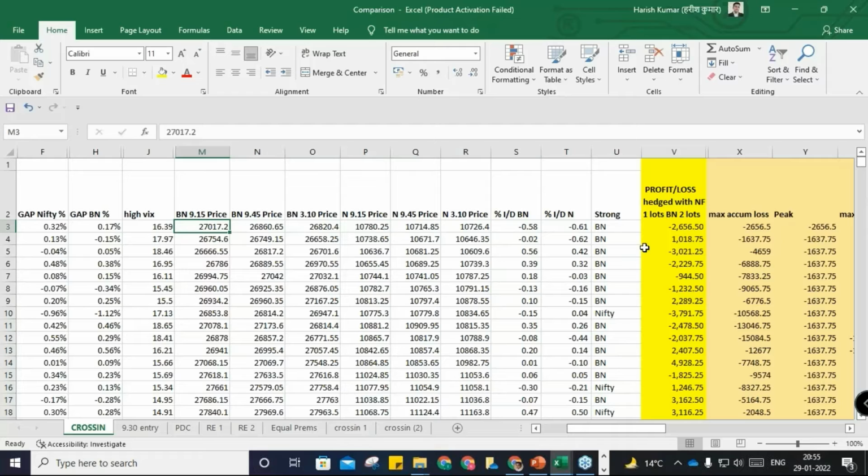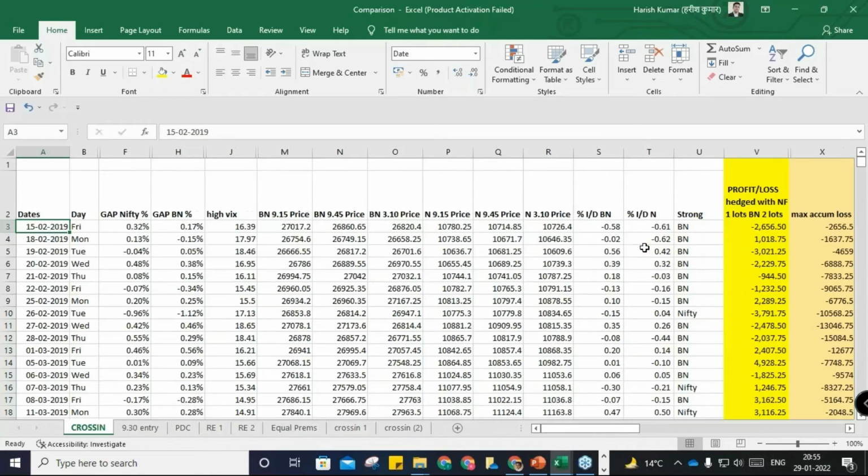At 915, Bank Nifty was 27,000. By the way, this is the price of 15th of Feb 2019. Bank Nifty 915 price is this, 945 price is this. This we don't need. Nifty 915 price is this, and Nifty 945 price is this.